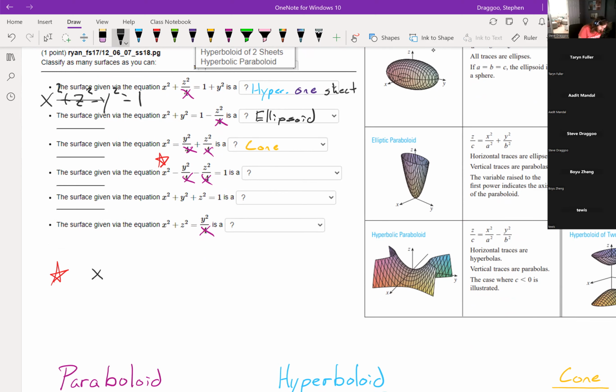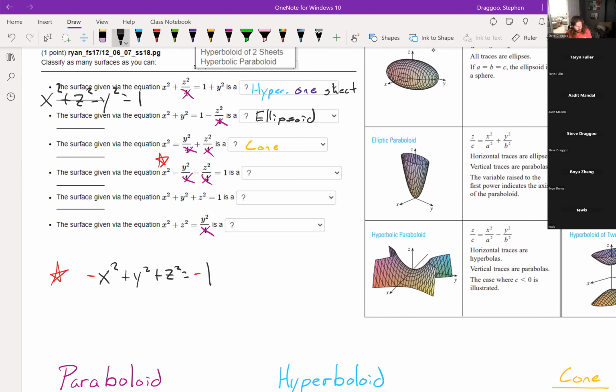I'll look at x squared equals, well, let's go with the explanation I just went with. I want to get as many positive terms as I can. I'm going to multiply everything by -1, giving me negative x squared plus y squared plus z squared equals -1 on the other side.